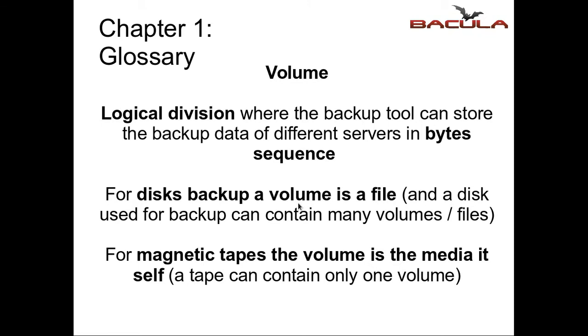So indeed it's advisable to have many volumes on the same disk, since the purge, the recycle of those volumes, is an atomic transaction. Either you recycle the whole volume and then the backup tool can discard all data on it, or you don't recycle at all and you preserve your data. So in order to better use this backup disk, you should have many volumes on it.